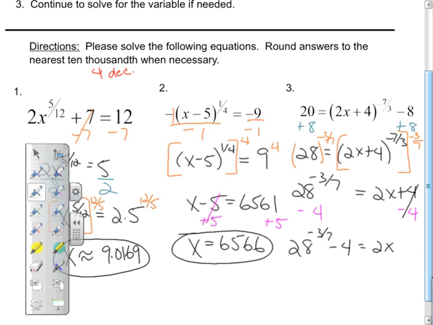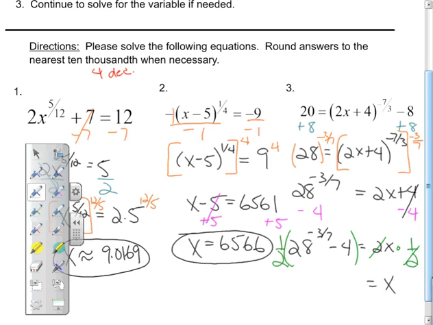And then from there, still avoiding that sort of ugly decimal on my calculator, I'm going to multiply both sides by the reciprocal of 2, which is in fact a half. Okay? So some people might think this is awkward. Some people might think it's elegant.